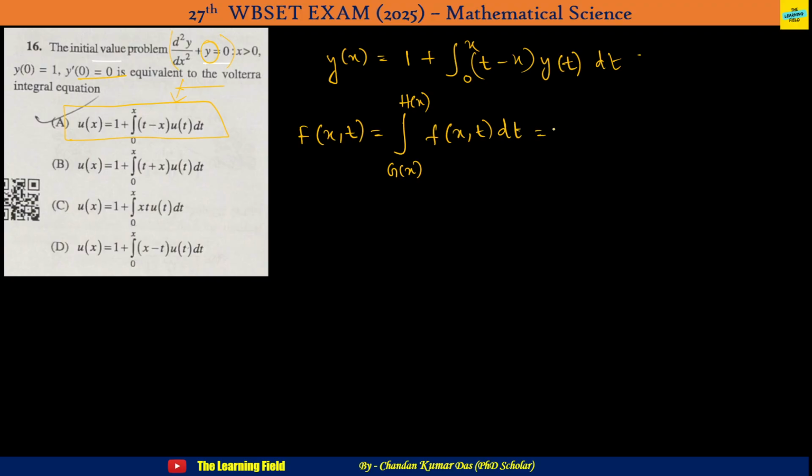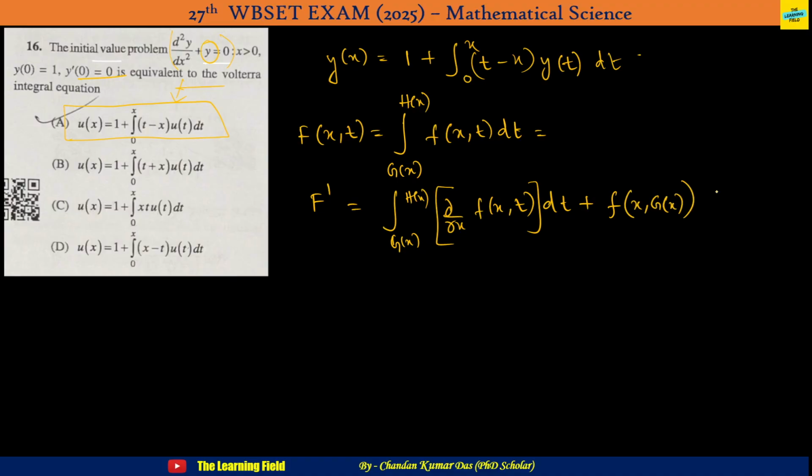The rule says that F dash equals integration g(x) to h(x) of del f(x,t) by del x dt, plus f(x, h(x)) into del h by del x, the upper limit, minus f(x, g(x)) into del g by del x, the lower limit. Fine, this is the formula.